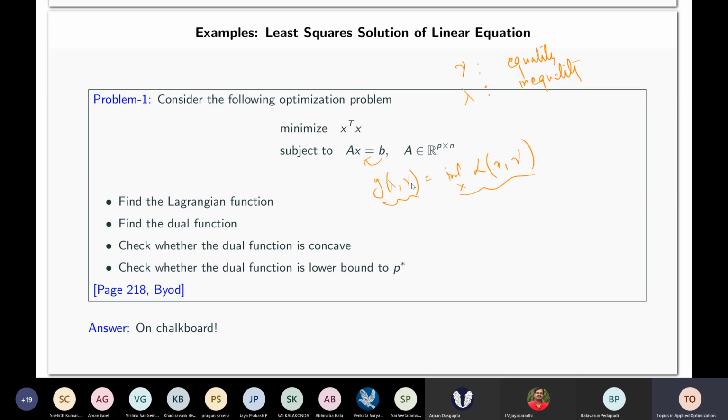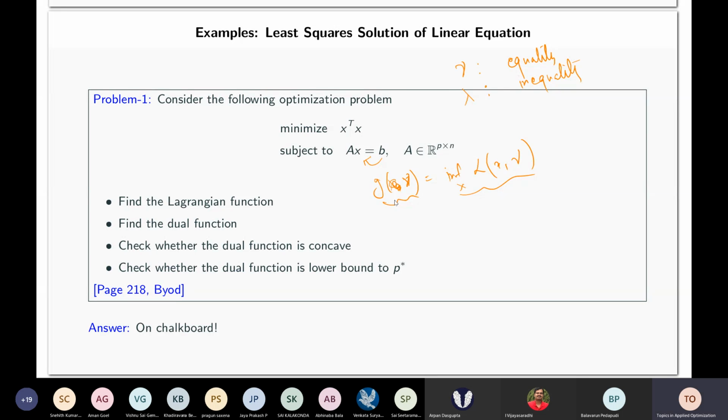Then lambda is not there again, so this will just be a function of nu. We will see whether g(nu) is concave for this example, and we will check whether we have found a lower bound. So this will serve as a lower bound for p star.